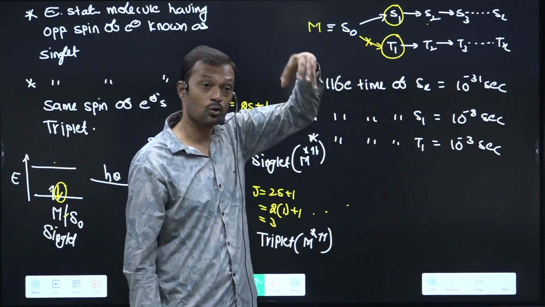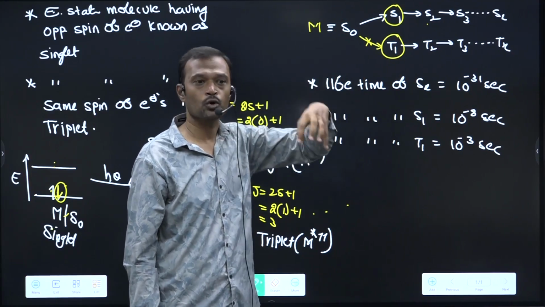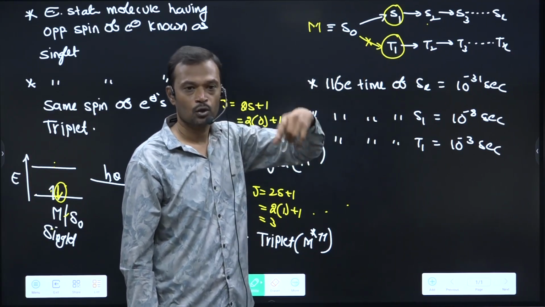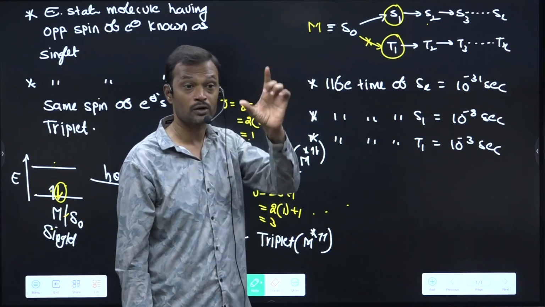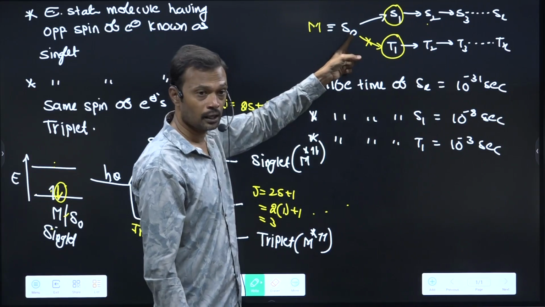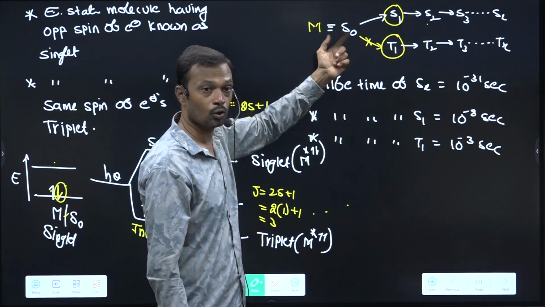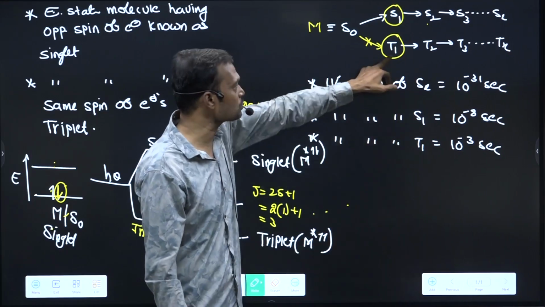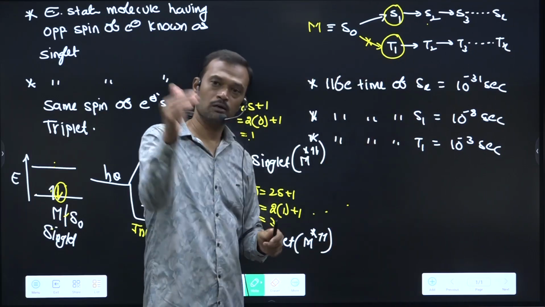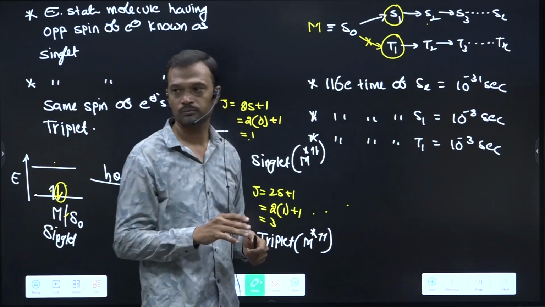Okay, that's why a new concept is going to be introduced: photosensitization. Photosensitization is a concept required to generate the T1 state for a molecule. Does this molecule give T1? No, but photosensitization is a process which can generate the T1 state for this molecule. From the T1 state, more yield, different product.